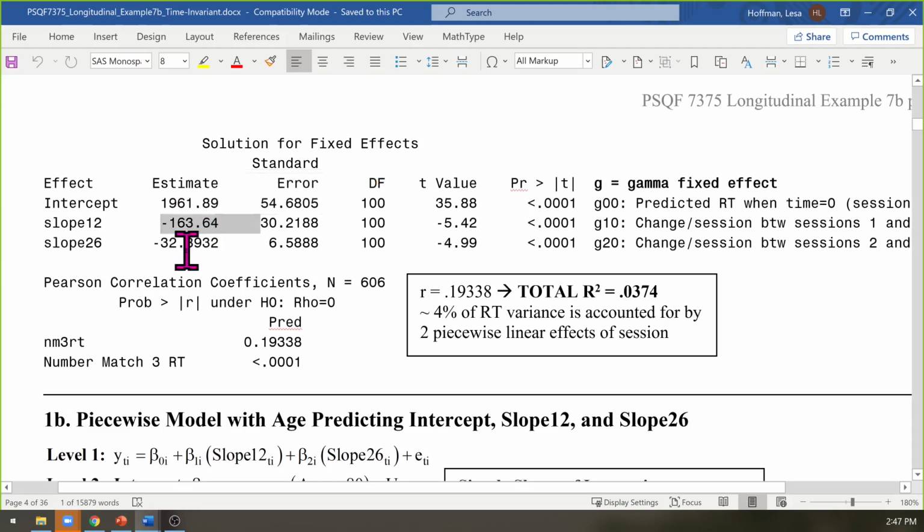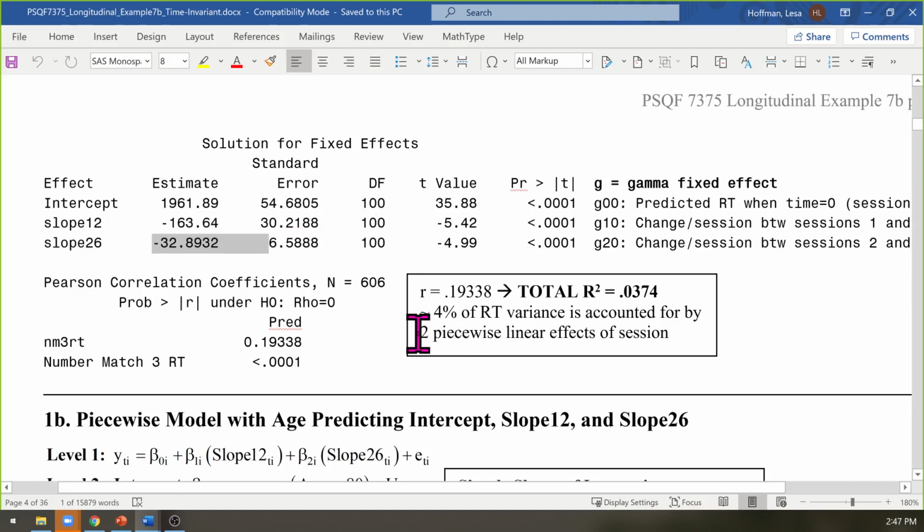Minus 163 is the rate of change from session 1 to 2. So people are improving in their response times by about 163 milliseconds. And then after session 2, the slope changes to be minus 32 milliseconds a session. So they are improving still because the slope is significant, but they're improving less than they were.